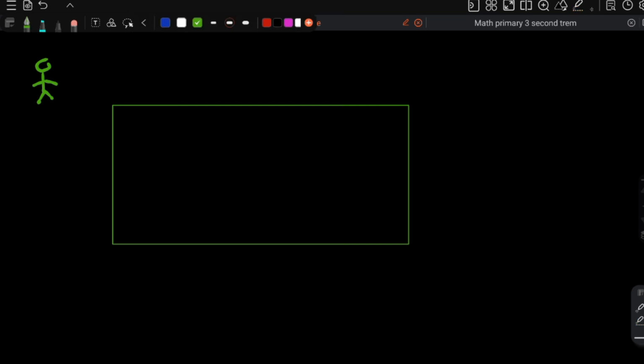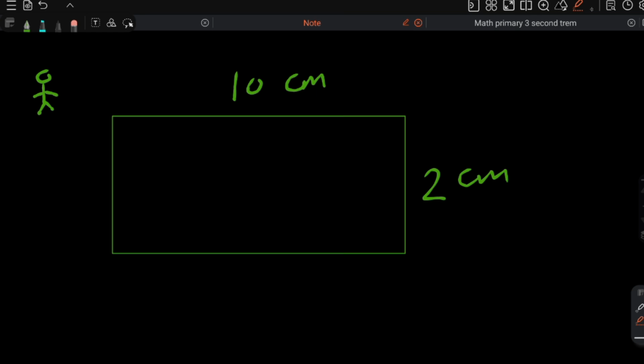If I told you that I have this side length 10 centimeters and this side length 2 centimeters, how can we find the perimeter, since we have missing sides here? In this rectangle, and any rectangle, I have some common facts.